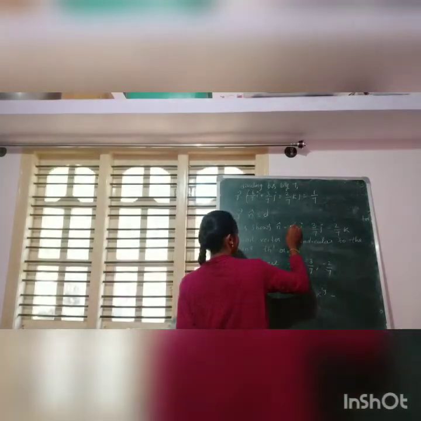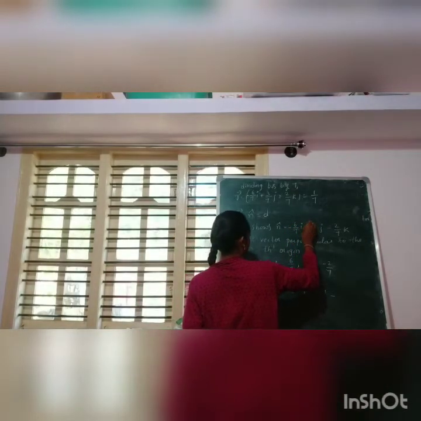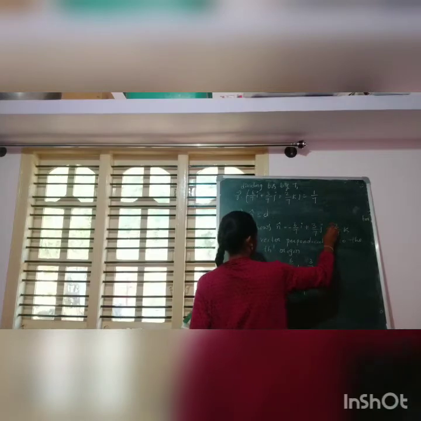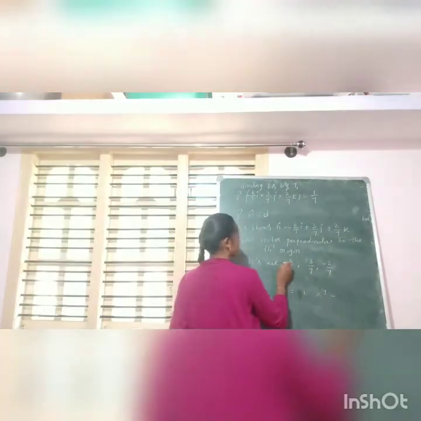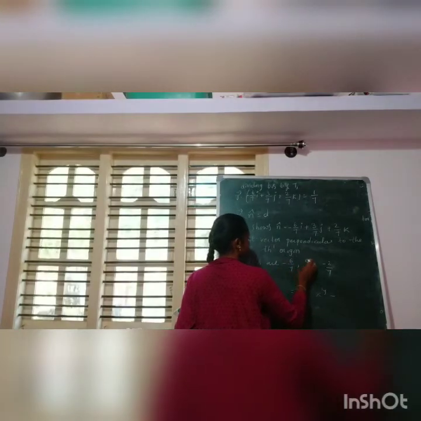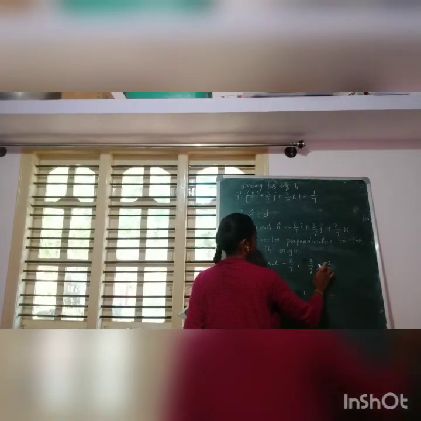Hence the direction cosines are minus 6/7, plus 3/7 and plus 2/7.